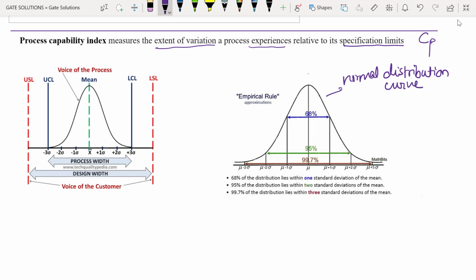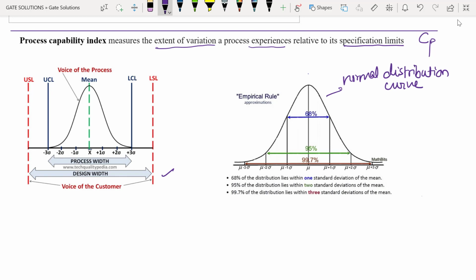Here mu is the mean, sigma is the standard deviation. 68% of the distribution lies within one standard deviation of the mean, 95% lies within two standard deviations of the mean, and similarly 99.7% lies within three standard deviations of the mean. Now let's see this graph here.